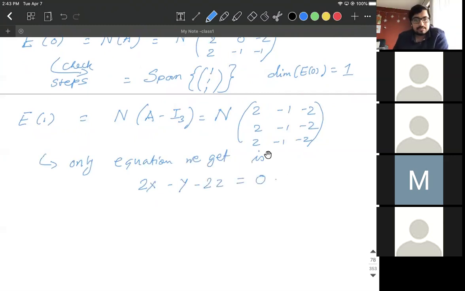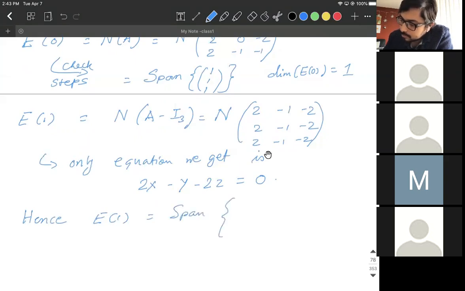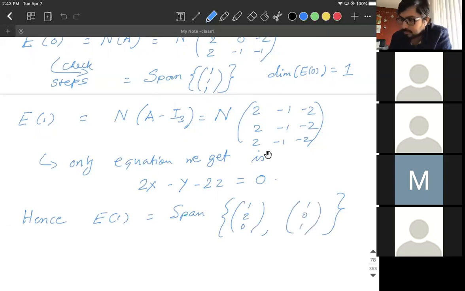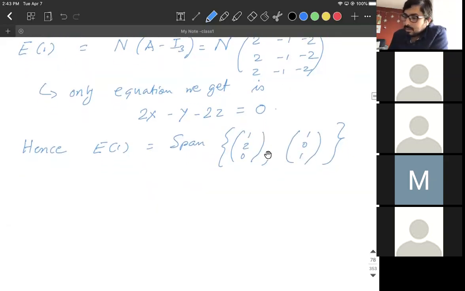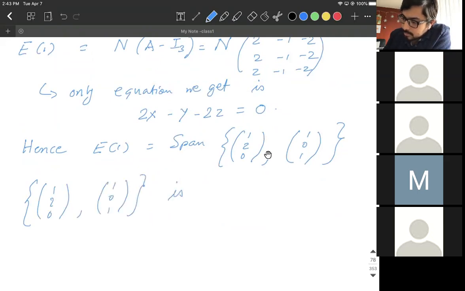Okay, so that's the only equation that we get. And hence, check that E1 is given by the span of the following two vectors: 1, 2, 0 and 1, 0, 1. Okay. Then the last thing to check is that this set, 1, 2, 0 and 1, 0, 1, is also linearly independent.